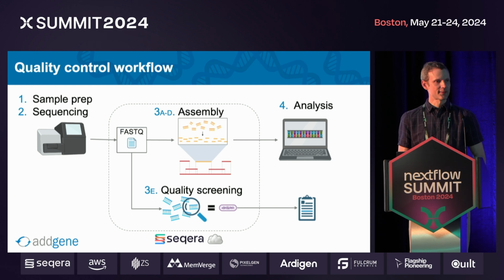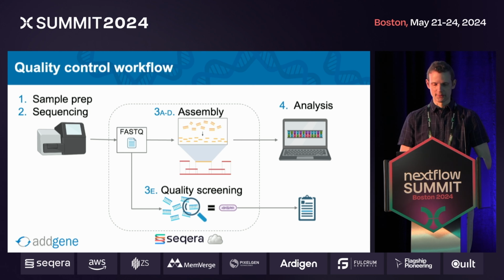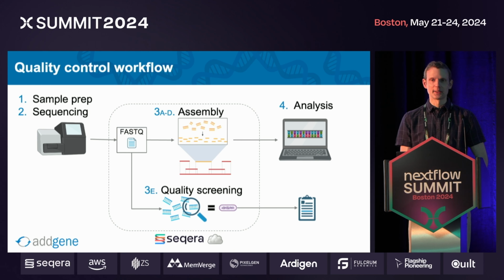But as we were doing this testing, we realized that there was more that we could do here. So this is what's indicated by the quality screening branch here on the diagram. So one of the other tasks that our quality control team does each week is to check the raw sequencing reads and look for bacterial sequences that might indicate some contamination in our stock.